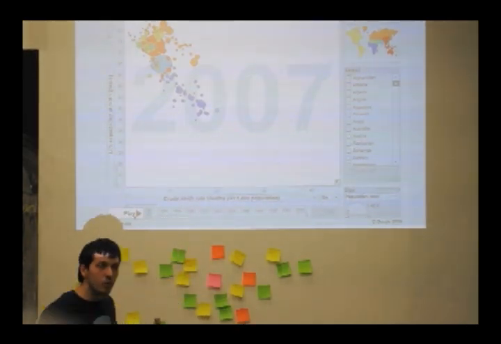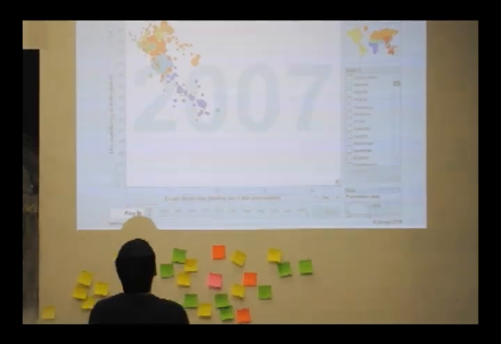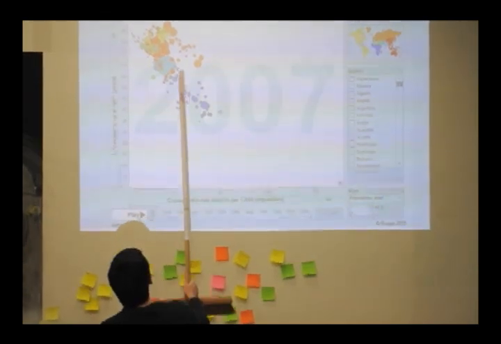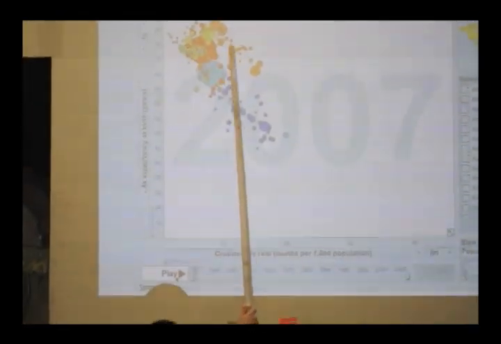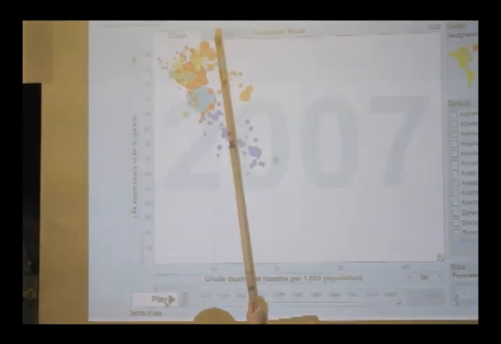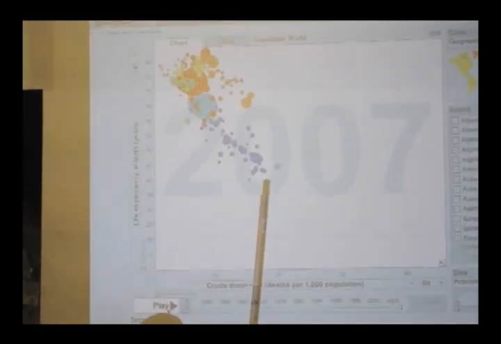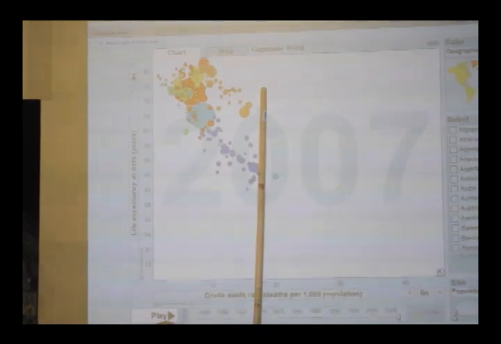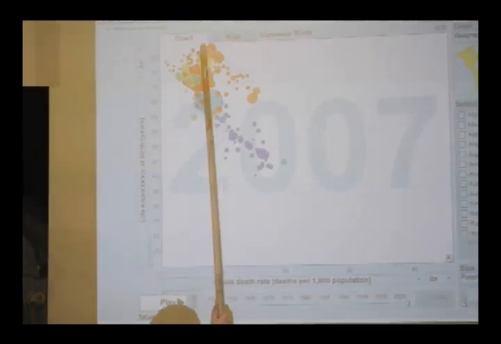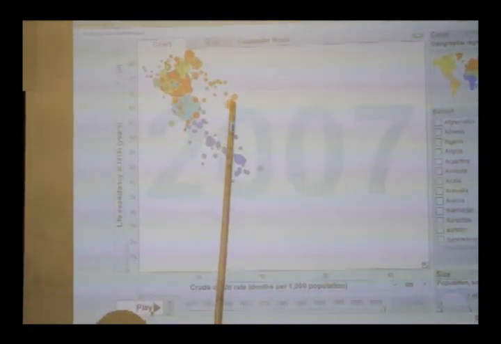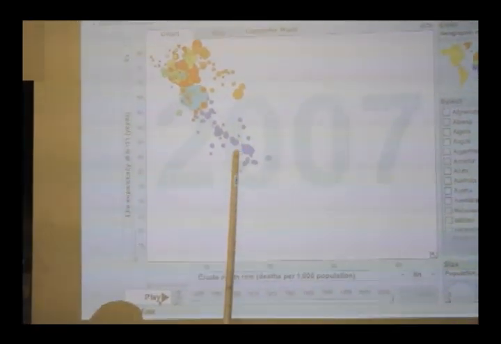And actually, what we discover here is that although life expectancy remains really high in the developed world, we can see that Africa and Europe, you have Europe here, Africa here, actually overlap each other.